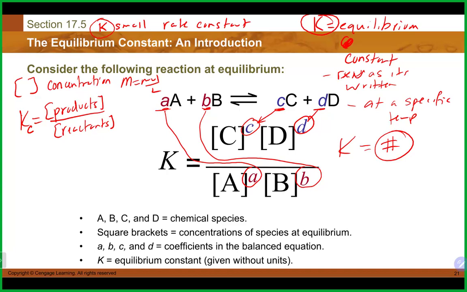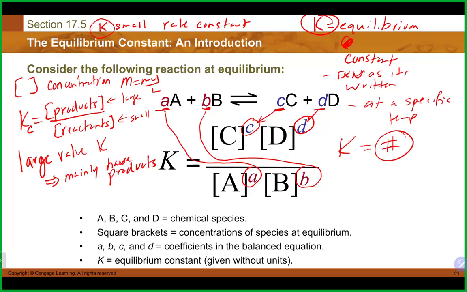If you have a large value for K, then mathematically speaking, the top number needs to be a large number and the bottom number needs to be a small number. If you do that, it means that when you reach equilibrium, you will mainly have products present, or you have more products than reactants present.